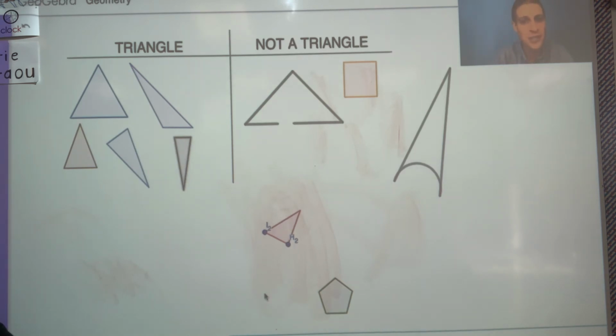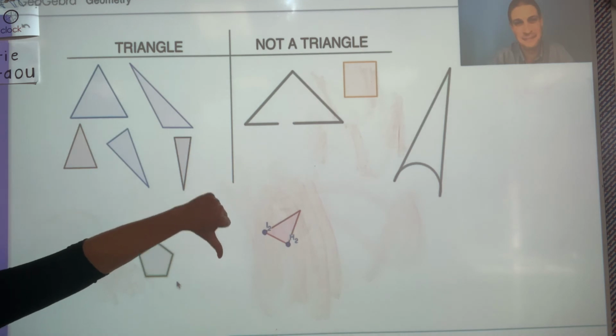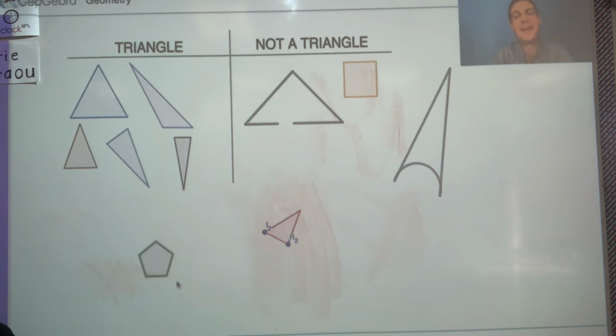What about this shape? This green shape? Is that a triangle? Tell your friend. Thumbs up or thumbs down? My friends over here just told me that's not a triangle. It has 5 sides and 5 corners. That's too many. All right, not a triangle.